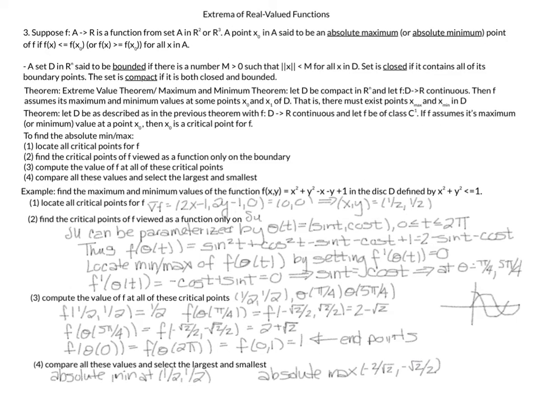Next, we'll move on to absolute maxima and absolute minima of a point. It's an absolute maximum if f of x naught is greater than all the other f of x's in some set A. And it's a minimum if f of x naught is less than all the other f of x's.